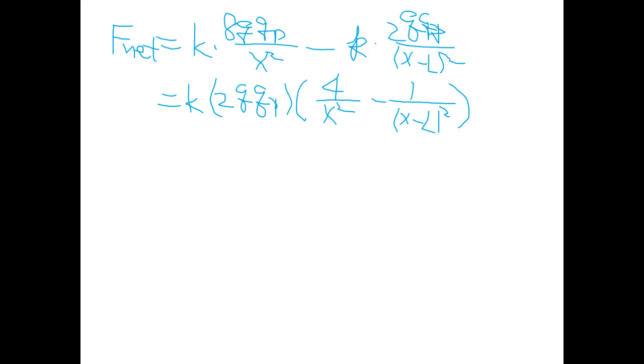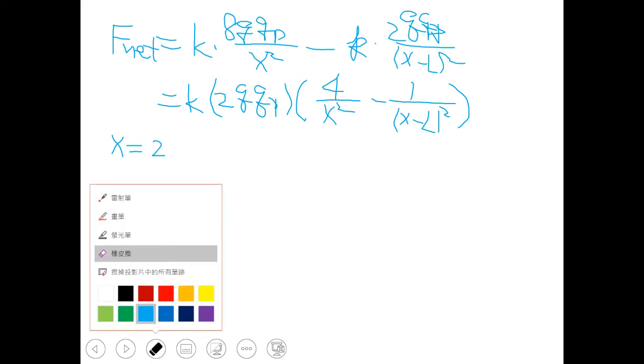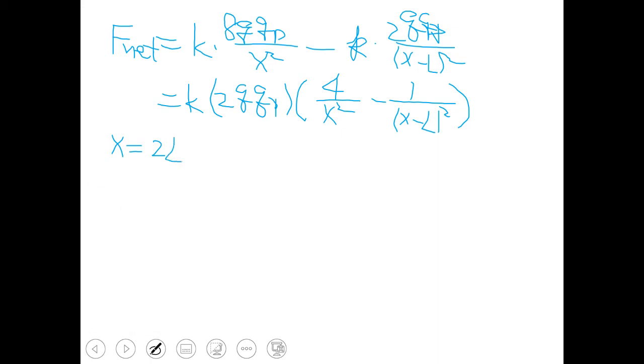So now we know that when x equals 2L, then F net is 0. F net is 0, right? We just made this calculation in the last slide.